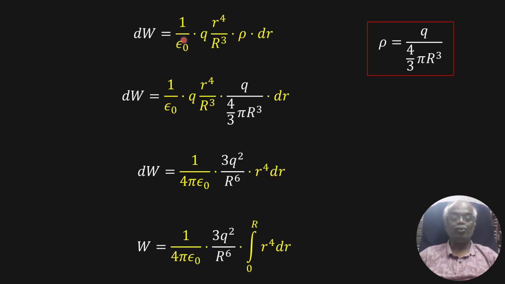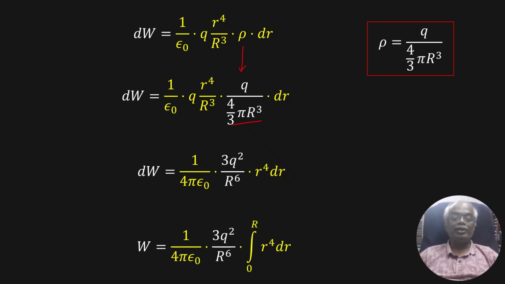dW is equal to 1 over epsilon naught q small r power 4 over capital R cube multiplied by rho and dr. We know at the beginning of the problem we have seen rho is equal to Q over 4 by 3 pi capital R cube. So you replace the rho by this one.